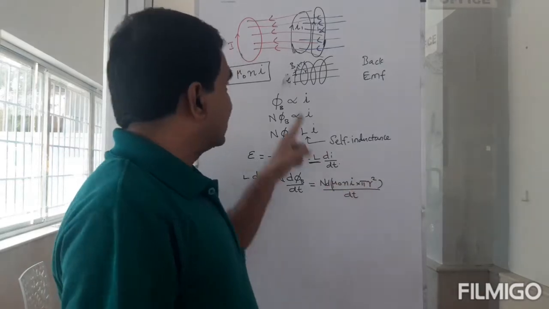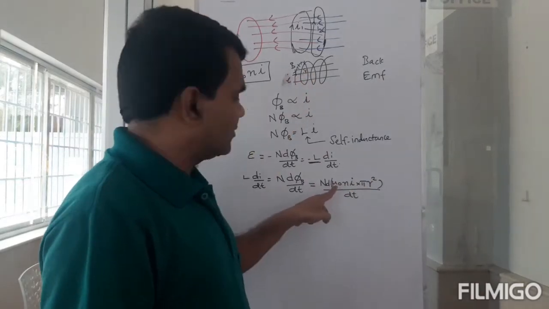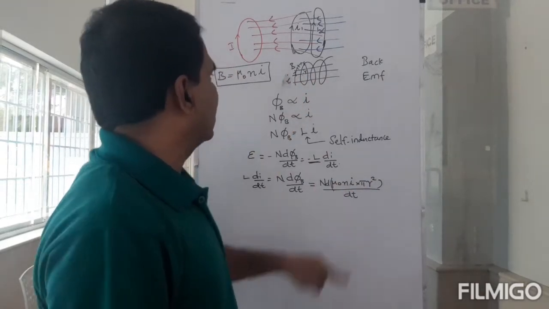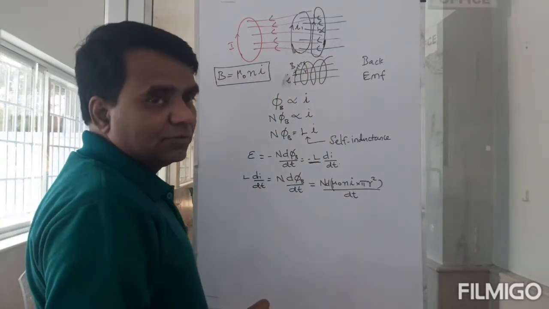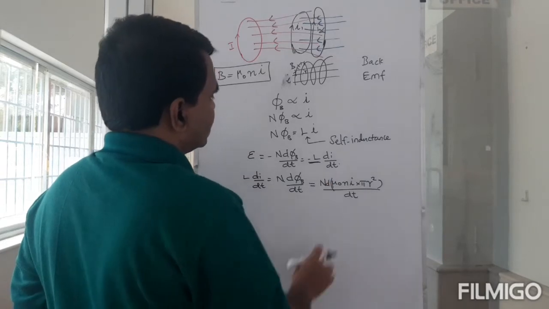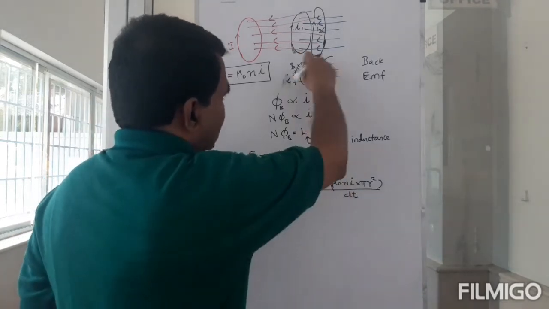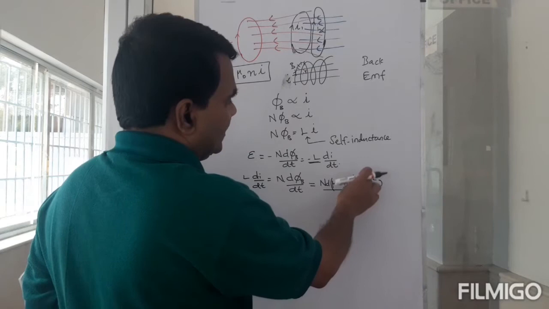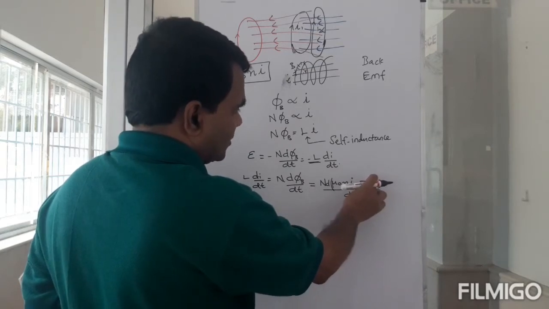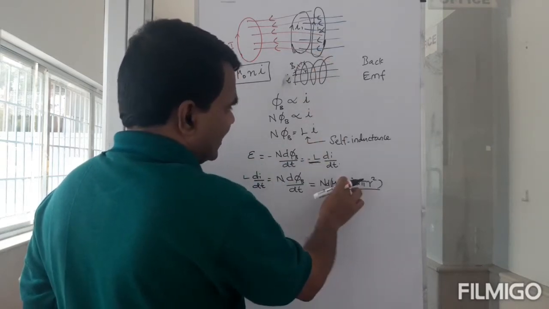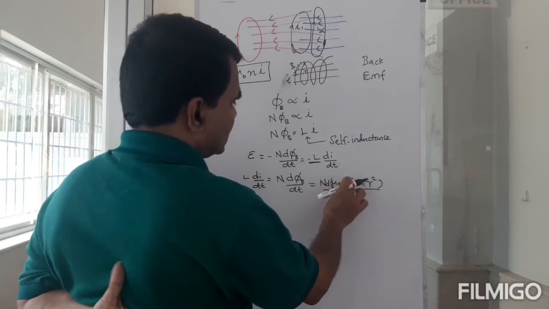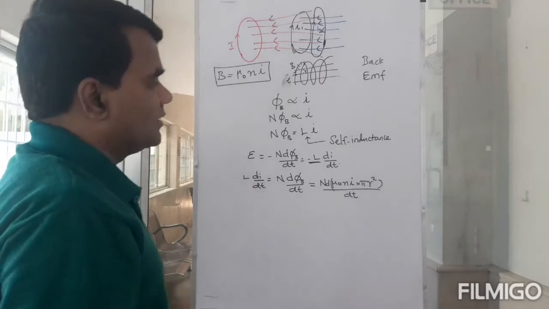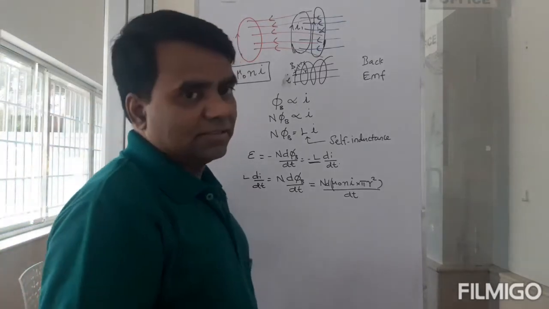Out of this we can see that mu naught is a constant. What is n? n is the number of turns per unit length. And I is the current flowing through it. Pi is a constant, R the radius is also a constant, n is a constant, mu naught is a constant. And there is only one variable there, and that is I, di by dt.